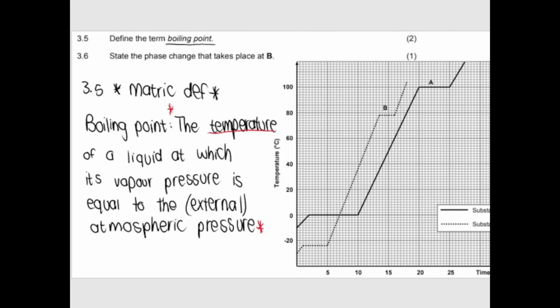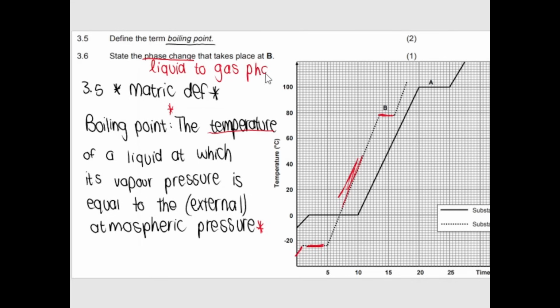Then 3.6, state the phase change that is taking place at B. B is over here, it's on the flat part of the graph. So when they say state the phase change, I want you to tell me which phase it is in and which phase it is going to. So as we mentioned, this one is going from a liquid to gas phase.